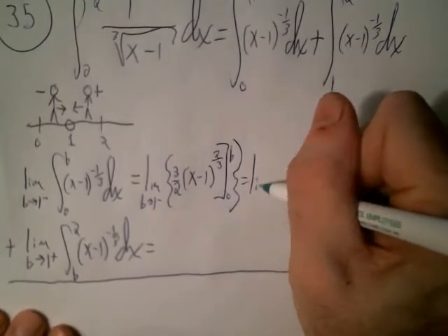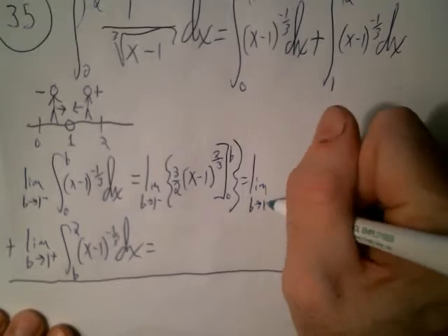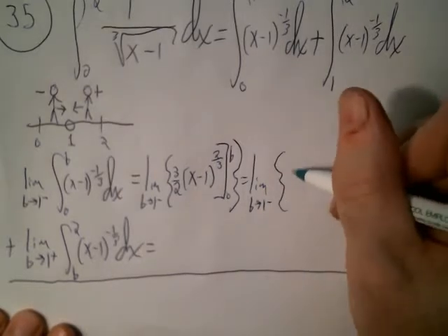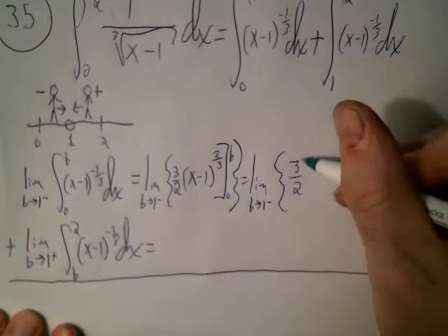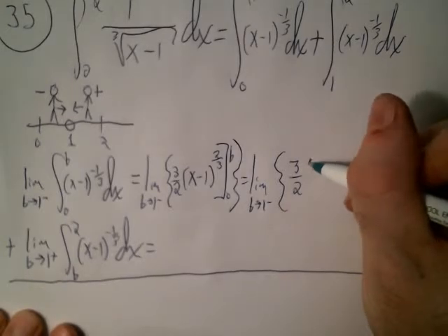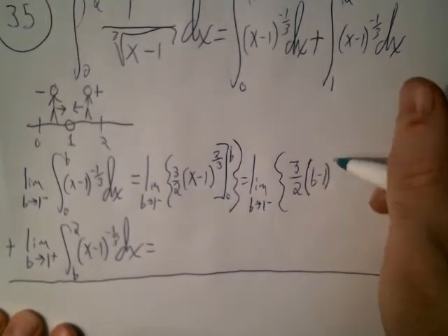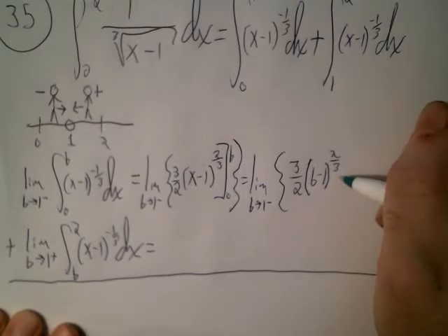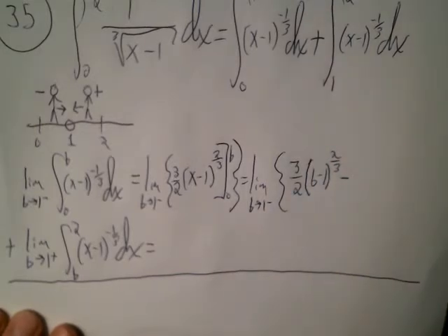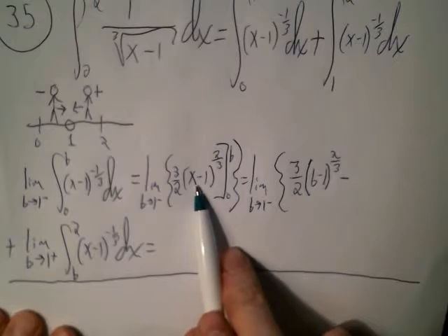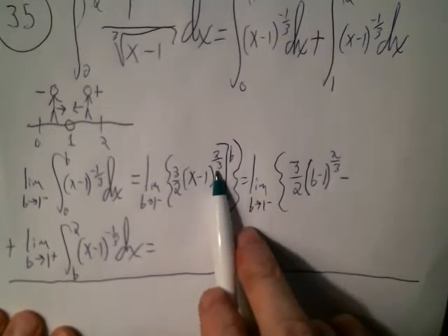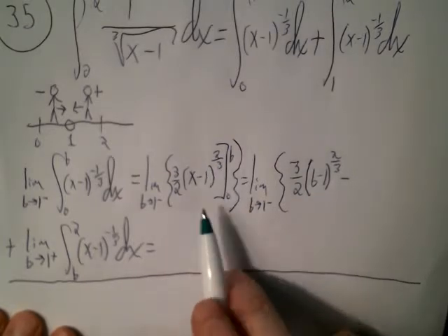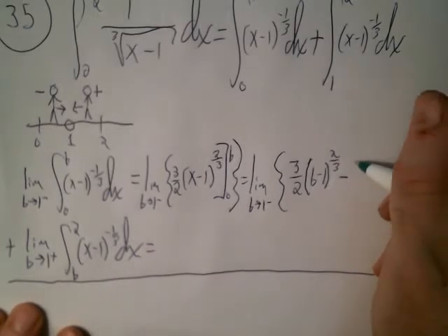So this will be the limit as b goes to 1 from the left of 3/2 times b minus 1 to the 2/3 minus, if you put 0 in here, it'll be 0 minus 1. Minus 1 squared is 1. 1 to the 1/3 is 1. So you just get minus 3/2.